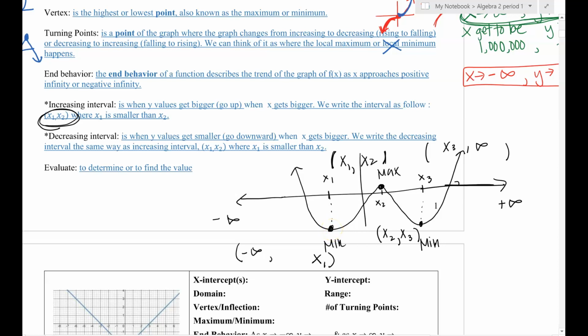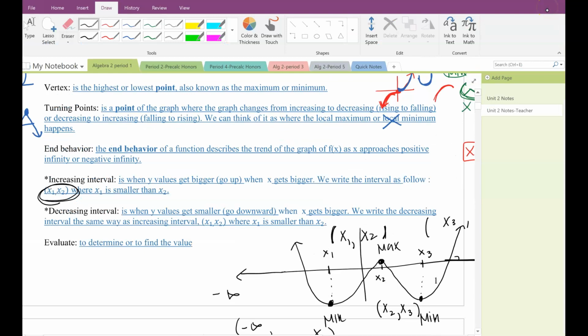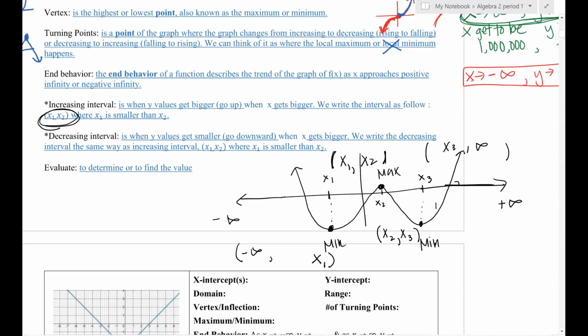Now, which ones increase and which ones decrease? We are going to look at the y values. Pretend that you're walking along this number line. As you go from here all the way towards our first x, is y going down? Yeah, the y is getting less and less.